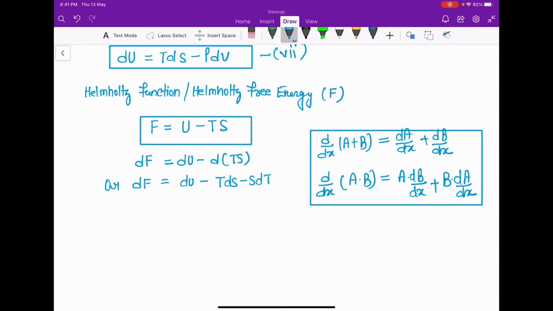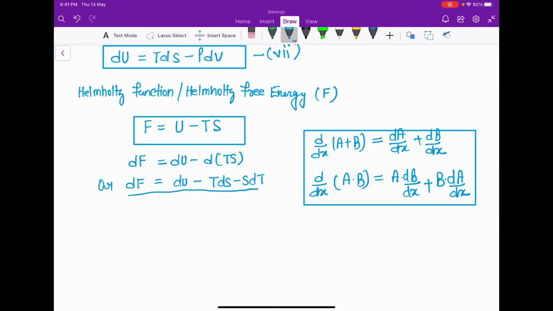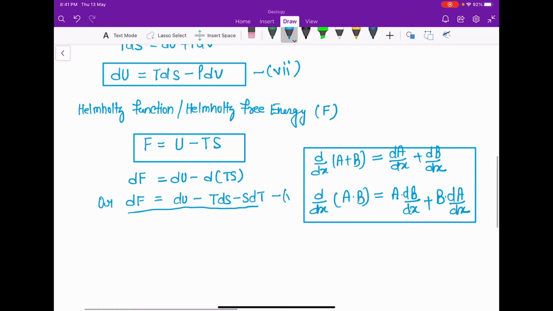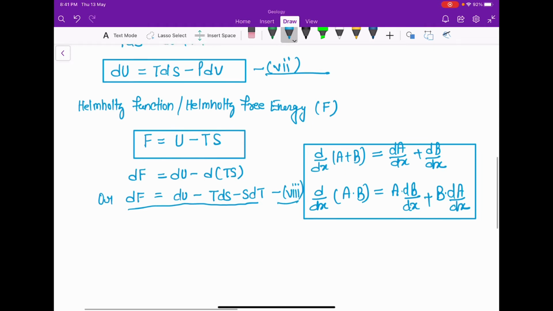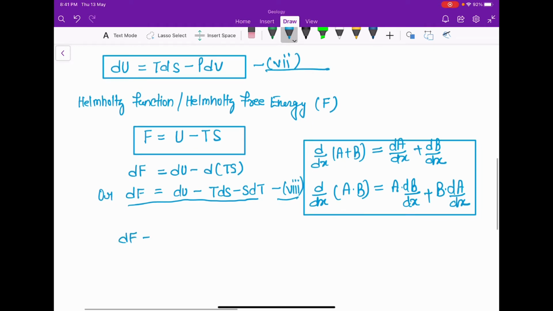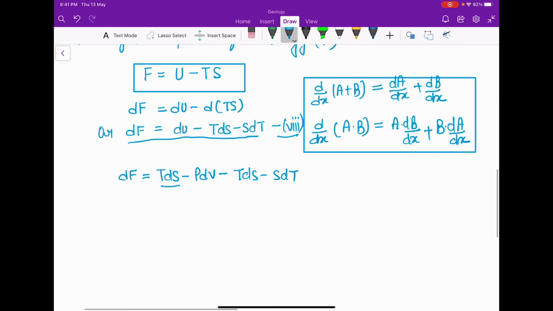This will be equation number 8. Now combining equation 7 and 8, dF equals T dS minus p dV minus T dS minus S dT. The T dS and minus T dS cancel out, so dF equals minus p dV minus S dT.